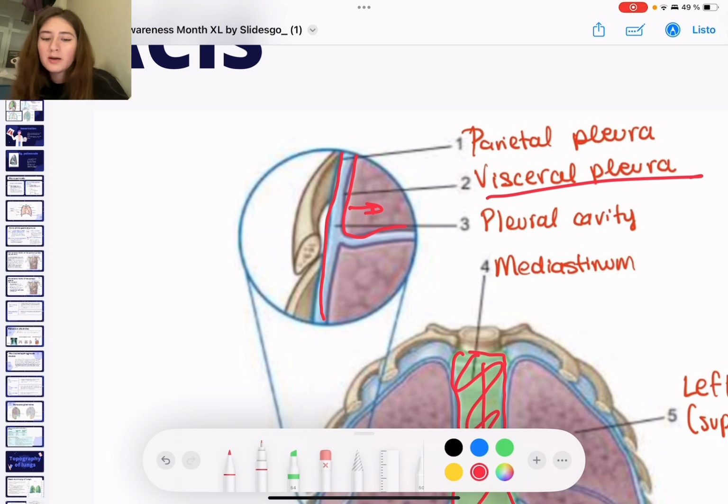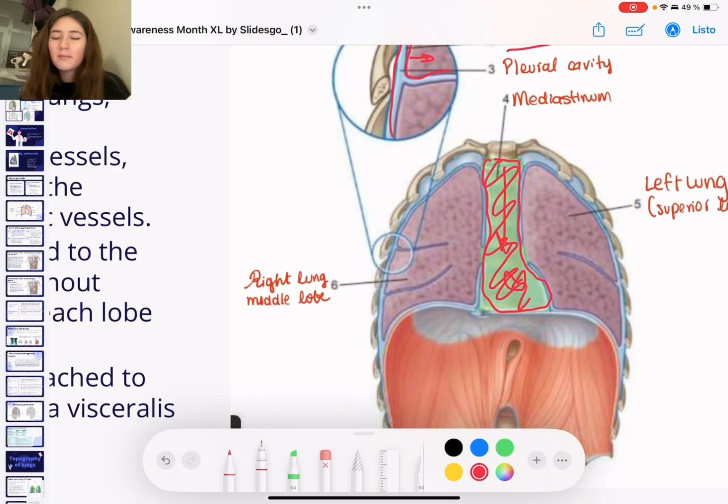And parietal pleura covers the lung, but there are some recesses that are not attached to the lung, so we can breathe in and breathe out without making friction with the thorax.